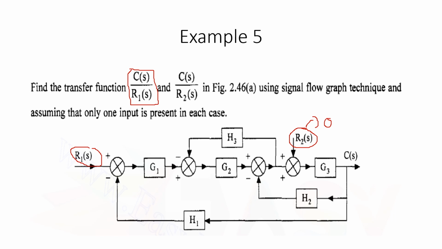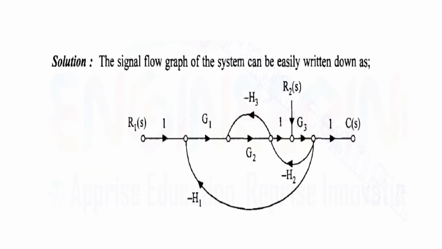Okay, let's try. Now when you take your signal flow graph representation for the block diagram, it comes like this. Okay, so here I have the second input R2 and the first input R1 which are connected. Now for my evaluation purpose, I need to consider this as 0 if I am finding C of S by R1 of S. So if you take this as equal to 0, okay, then we will try to find the forward paths for this.